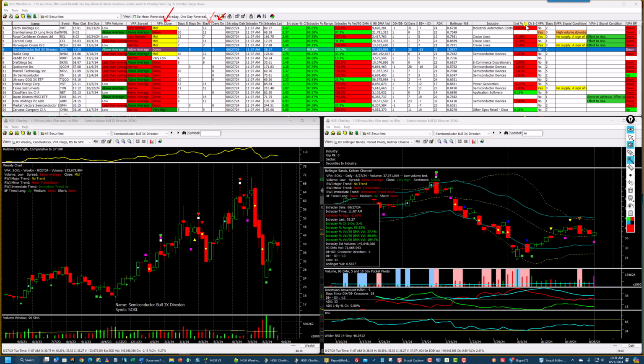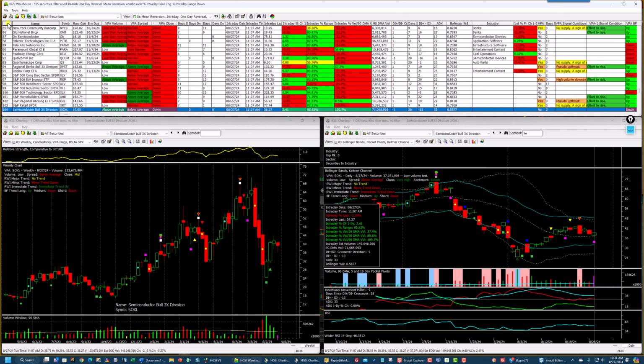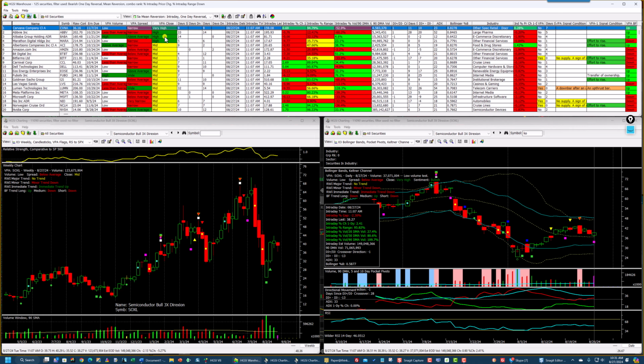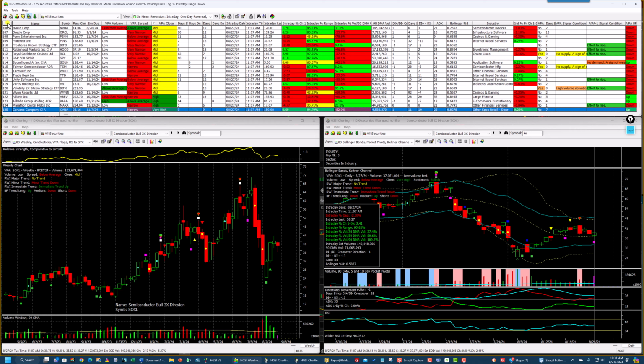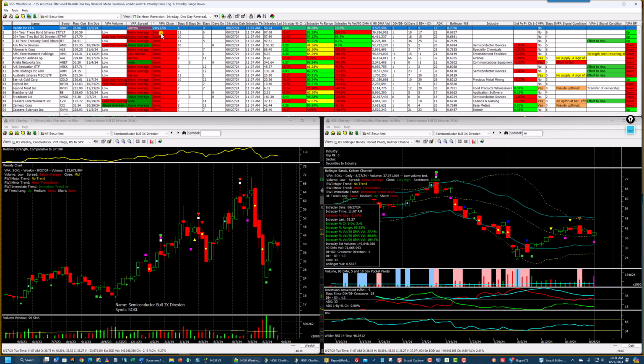So if I sort on the VPA close, it's going to show me the stocks where they closed very high or mid, or if they closed very low and down.